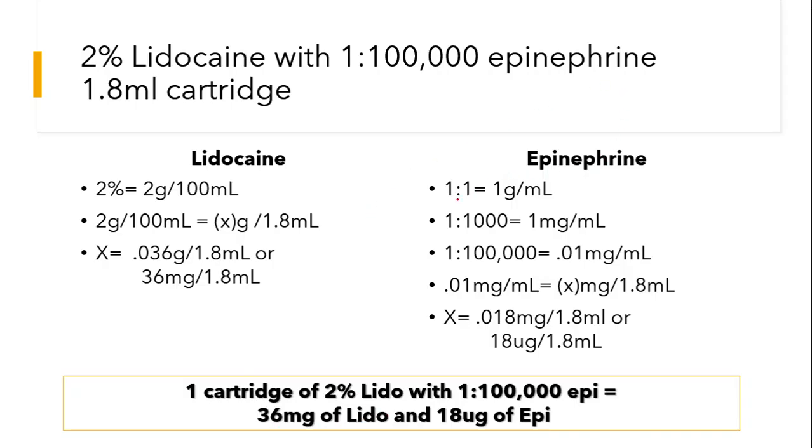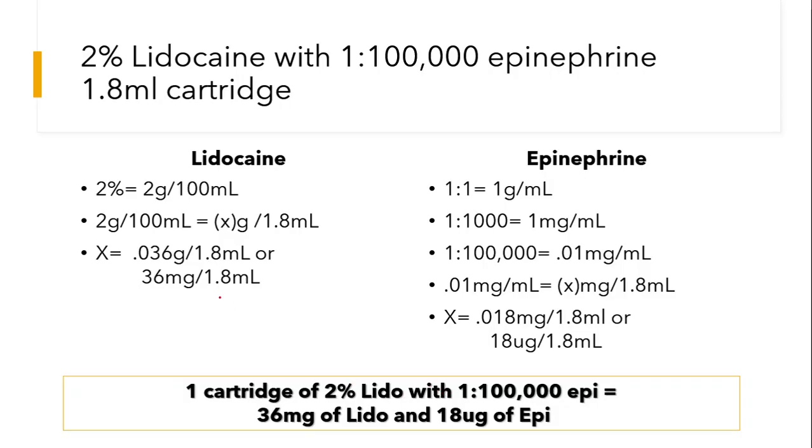For the epinephrine, 1:1 is 1 gram per ml. 1:100,000 is basically 0.01 milligram per 1 ml. So 0.01 milligram per ml equals x milligram per 1.8 ml. Cross multiplying again, you end up with 0.018 milligrams per 1.8 ml, or 18 micrograms per 1.8 ml.